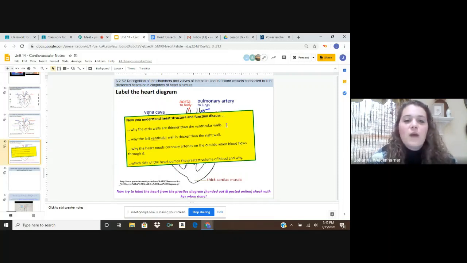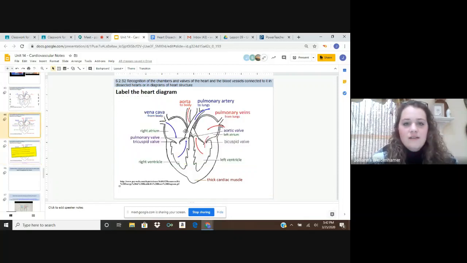The first one: why are the atrial walls thinner than the ventricular walls? So think about this one. Your atria are the top chambers here. Your ventricles are down here. Both of your ventricles are sending blood out of your heart.